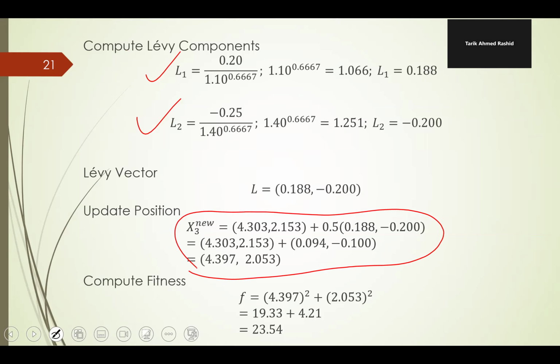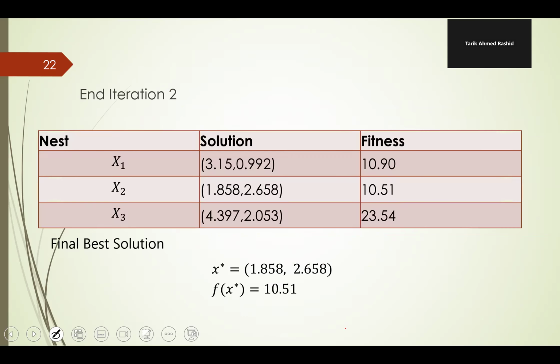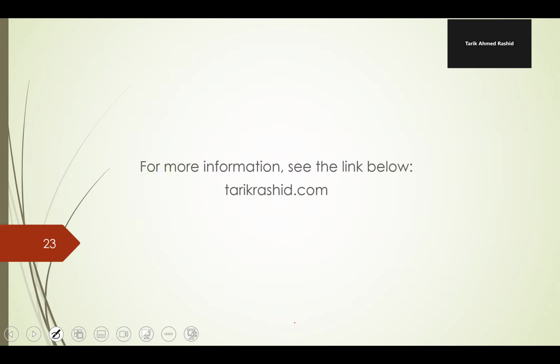So we found the fitness is 23.54. Now here are the solutions, and this is the end of the iteration. And you see the fitness function kept minimizing, coming down. So 10.51.